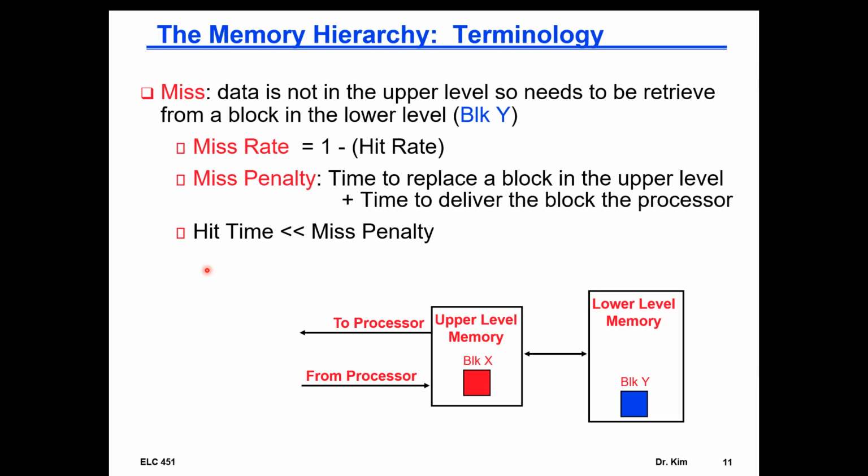In the case of the block that is here, let's say that this is DRAM, the access time for DRAM is a lot longer than the type of cache memory that is SRAM, static RAM, versus dynamic RAM, which is the larger block here. So the miss penalty is going to be much larger or longer than the hit time.